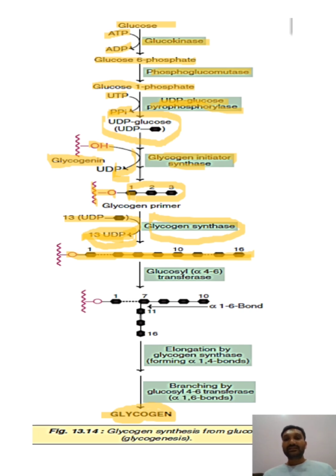After that, another enzyme comes, glucosyl alpha 4,6 transferase. This enzyme is a branching enzyme. It causes branches. Here you can see this is the linear molecule and this is the branch, and at this point the alpha 1,6 bond is formed. After that, the process of elongation occurs, that means the glycogen molecule is elongated and forms a more complex molecule.